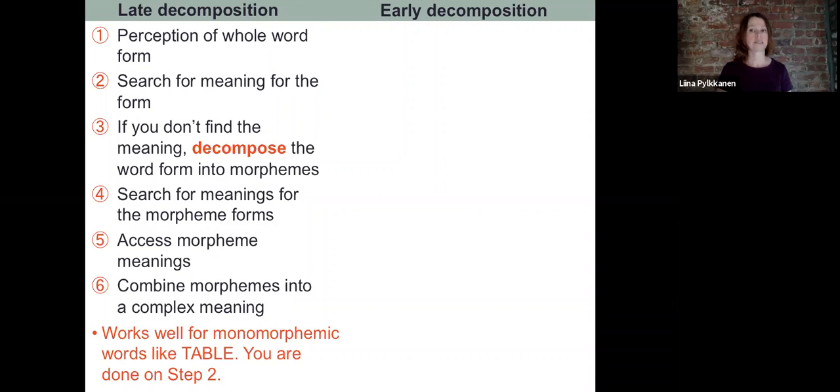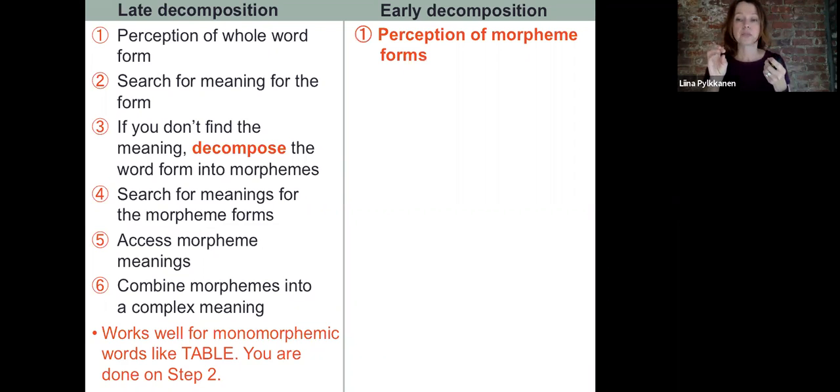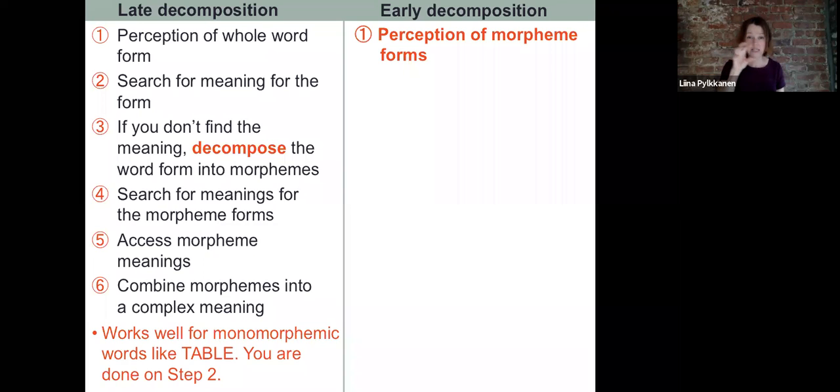What would the early decomposition theory then say in contrast? Well, here the fundamental idea is that the first thing that your system does is look for morpheme forms. So that means that in some sense, your perceptual system is tuned to finding these forms that have an independent life, independent from the specific context where they're occurring.